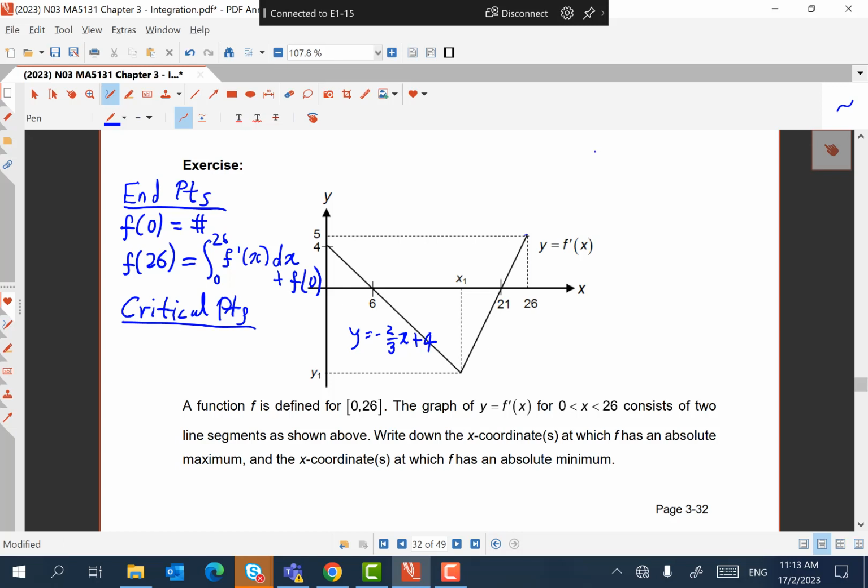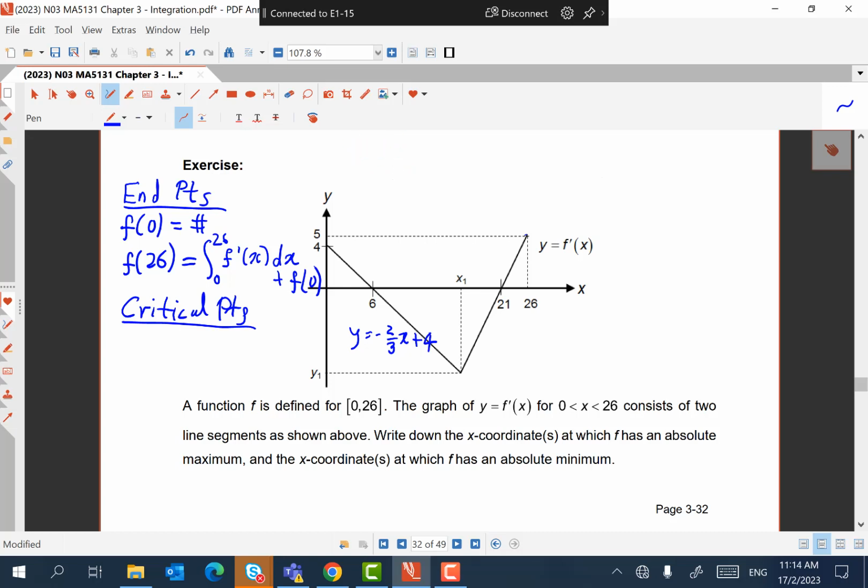Brilliant! But f26 is bigger, so I write f26 on the right and f0 on the left. This is for the endpoints. So for sure, in the comparison of endpoints f0 and f26, I am very sure that f26 is bigger. Hao Wen, can you tell the class why? Okay, I'm going to erase that and say actually it's not.